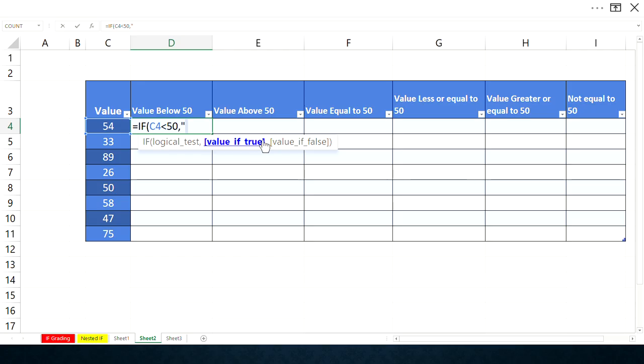So we have to set this application to tell us that those that meet the condition will have the result as below 50. Otherwise, those that don't meet the condition, we shall set them to be above 50. Those that are not below 50, they are above 50. Then you close off the parentheses.